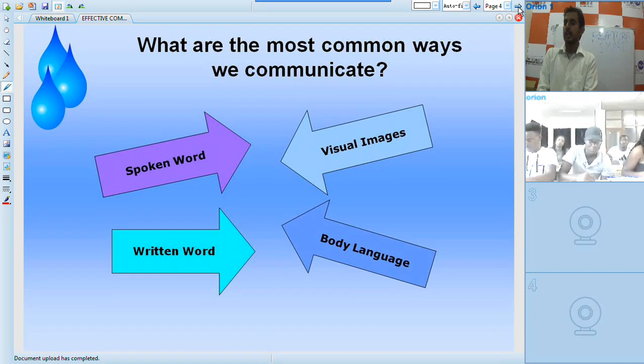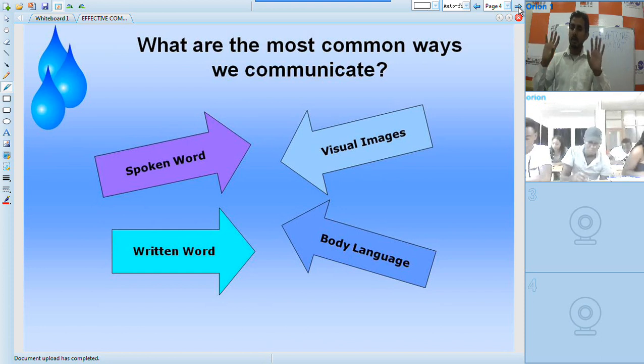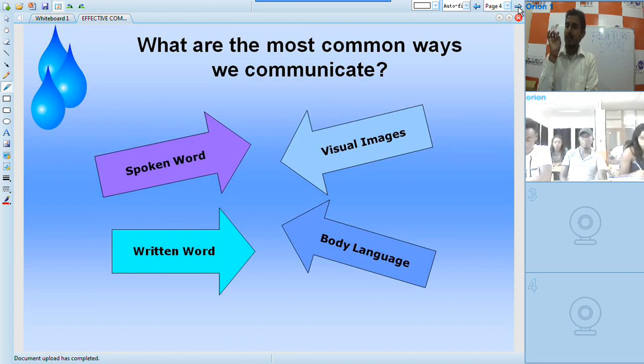The visual communication is for when a person is not able to speak or is unable to write. In such a case you need to express the communication by your body language or visual images. You have to show the images to the person so they can understand what you want to communicate.